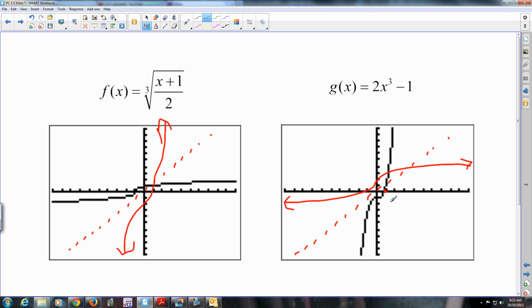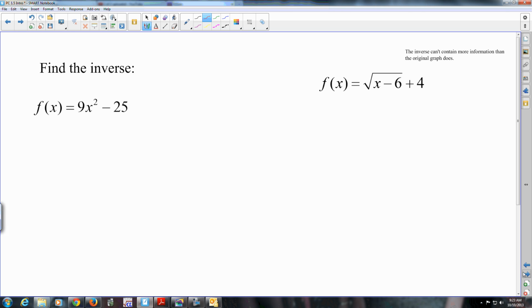Like, for example, this point that looks approximately 1, 0 is going to become 0, 1. Okay? That the x and y's get flipped, switched. So how do you find the equation of an inverse?